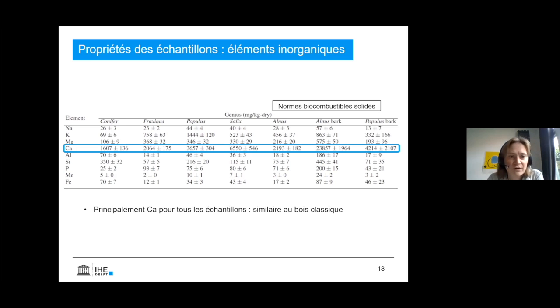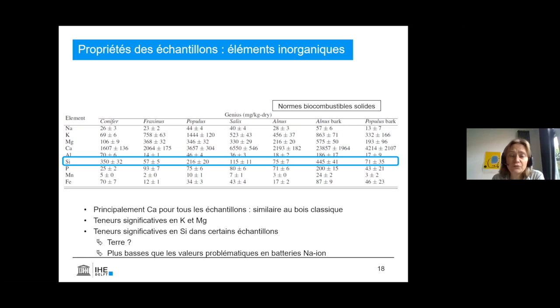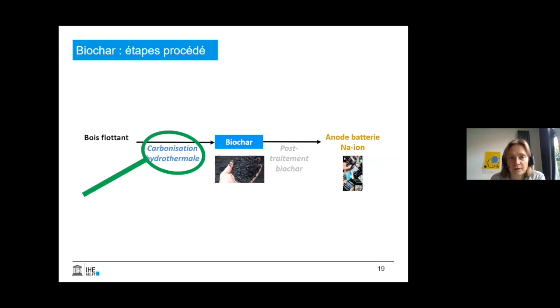And what we can observe and what was also expected is that we mainly have calcium in all of the samples, similar to greenwood, significant content in potassium and magnesium, and quite significant content in silicon in certain samples. Maybe a little bit of earth, therefore, but very minute quantities and lower than values that have already been noted as problematic in the scope of sodium batteries.